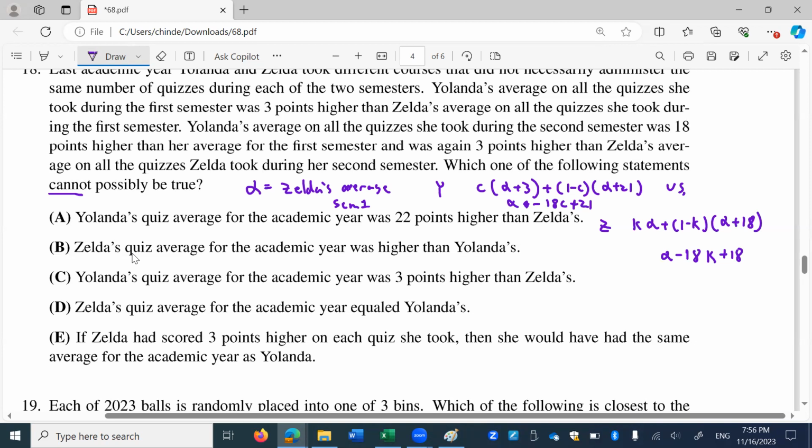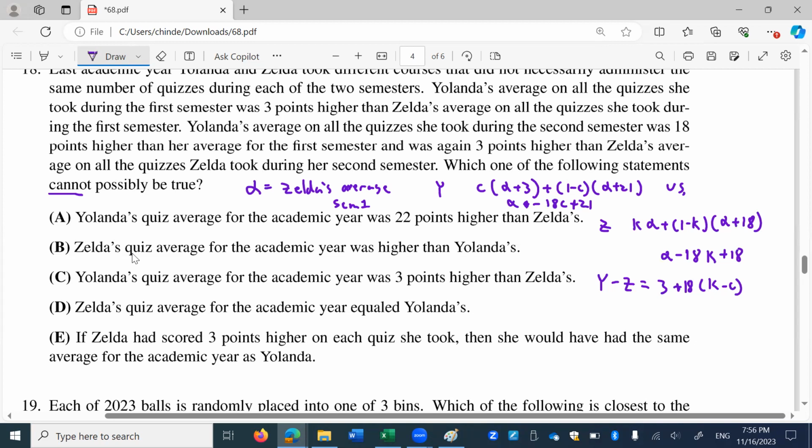All right, now if we're comparing these two, how much better did Yolanda do, right? Y minus Z is going to be 3 plus 18 times K minus C. And K and C are both fractions between 0 and 1.